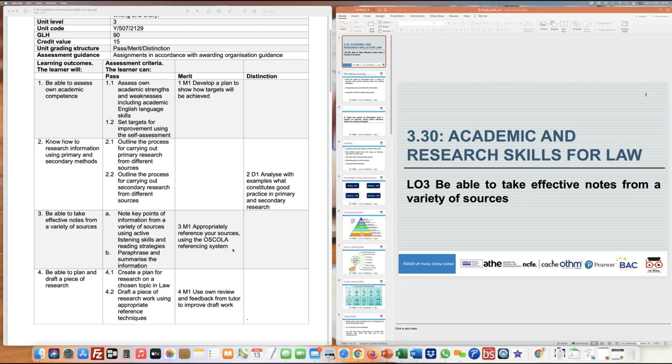And this style of referencing typically uses superscript. That means 2 raised to the power 3. So as in mathematics, when you use superscript and then mention that as a footnote in the footer section of that page, that would be the technique through which we use the OSCOLA referencing system. So we'll get into a bit of detail in this learning outcome 3 to understand these 3 basic bits.